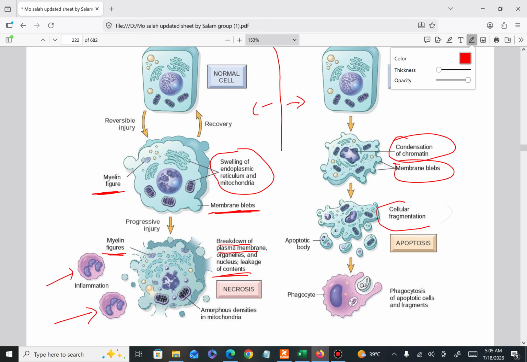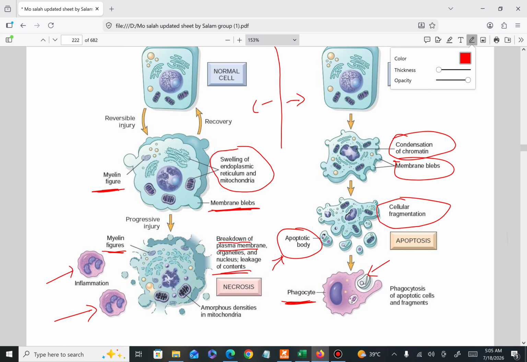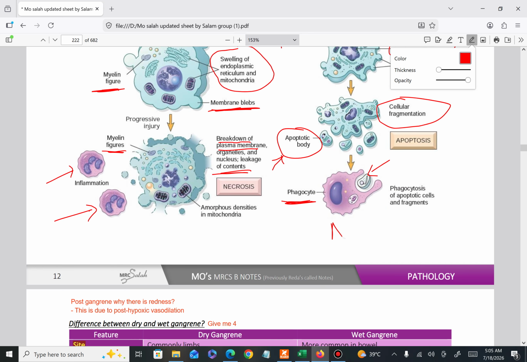Then cellular fragmentation occurs into apoptotic bodies, and these apoptotic bodies are phagocytosed by phagocytic cells. So there is no inflammation in apoptosis, but in necrosis there is an inflammatory reaction.